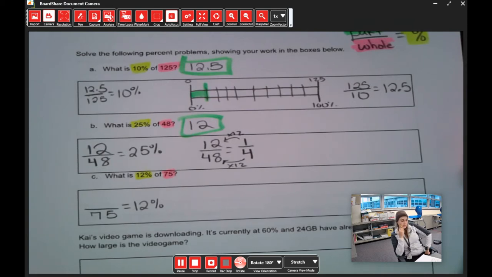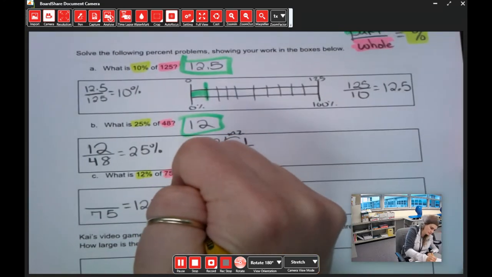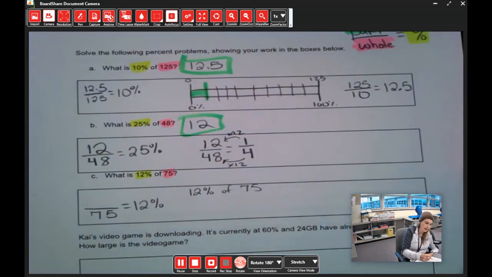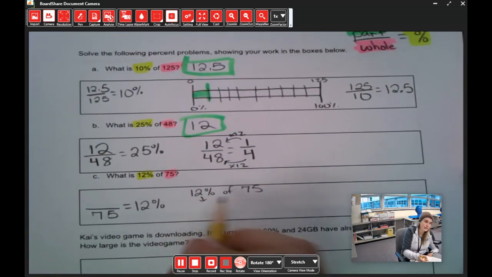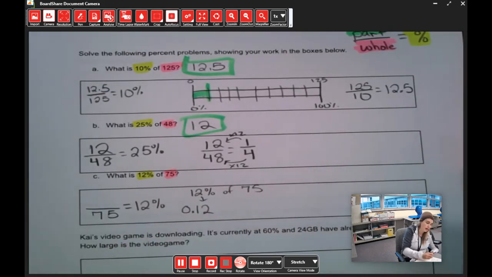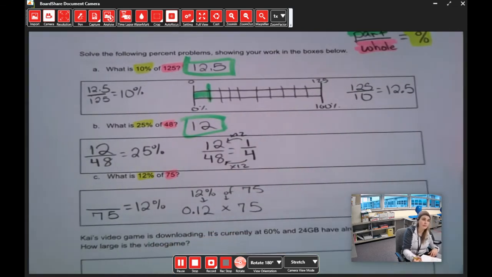I'm going to try it using multiplication because I'm finding 12% of a number, and then I'm going to check it with some kind of equivalent fraction thing and see if I could have solved it that way. But 12% of 75. I can rewrite 12% as a decimal, 0 and 12/100ths. Of just means multiply, and 75.